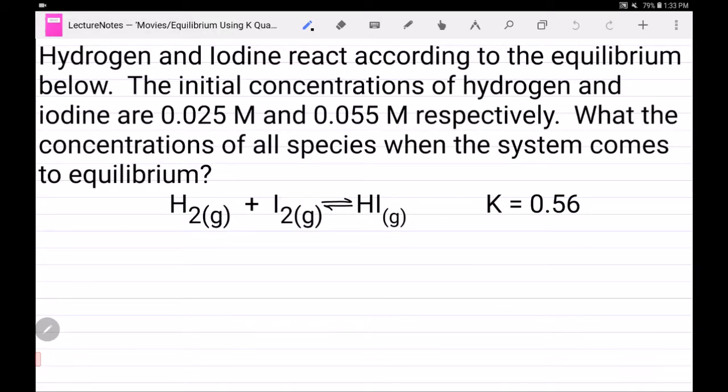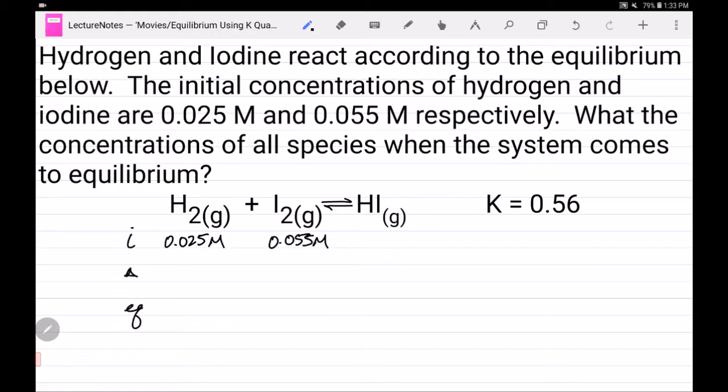Here's another problem. More of a word problem. So we have initial, change, equilibrium. We have an initial concentration of iodine of 0.055 molar and an initial concentration of hydrogen of 0.025 molar.